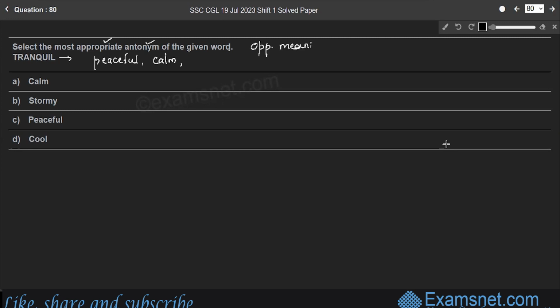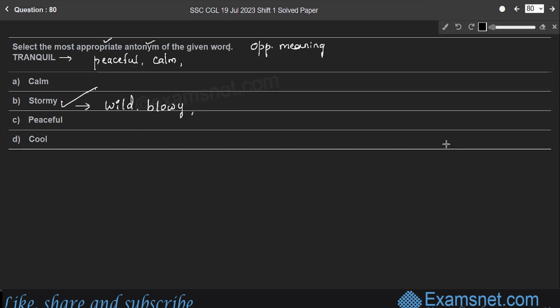The opposite meaning of peaceful or calm is stormy, out of the four options. Stormy means a strong wind or heavy rain with thunder, or wild. In general, we can consider it as wild, blowy. These are the synonyms for stormy.